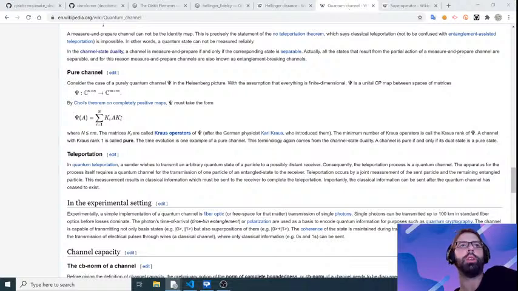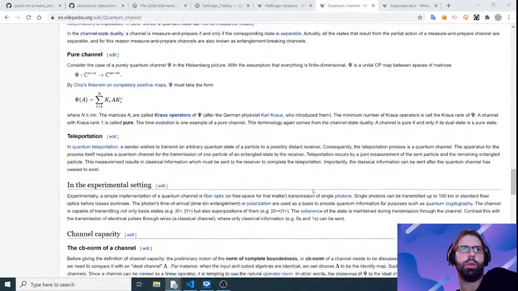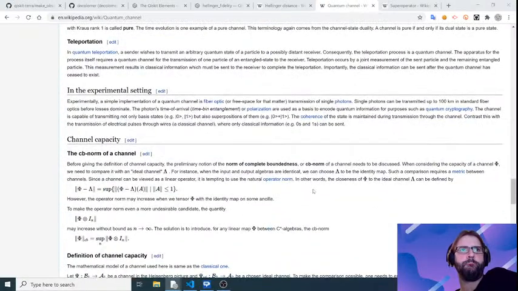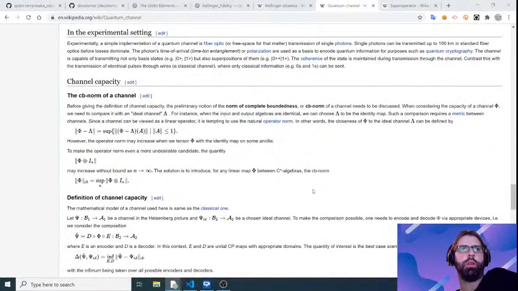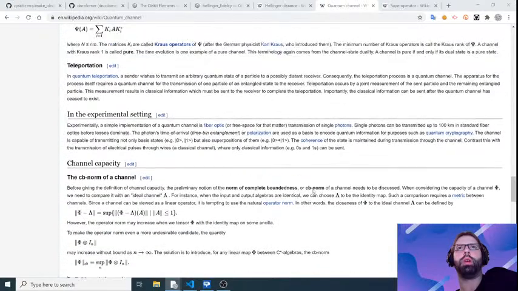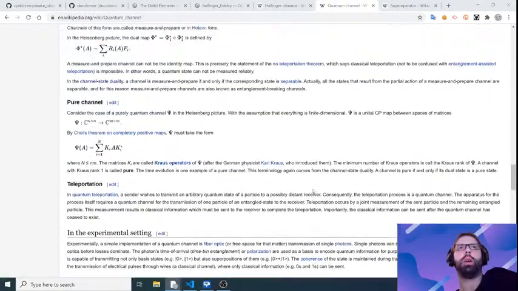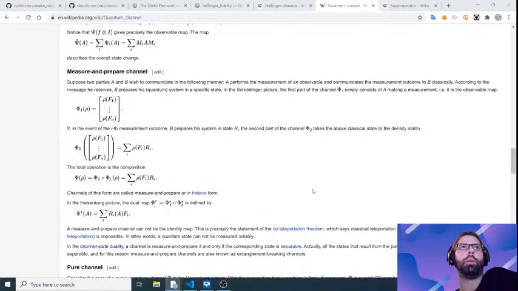So quantum channel is what I was trying to get a basic understanding of, and it seems to be a mathematical construct to be able to deal with quantum stuff and classical stuff at the same time, if I'm correct, but I'm not so sure.